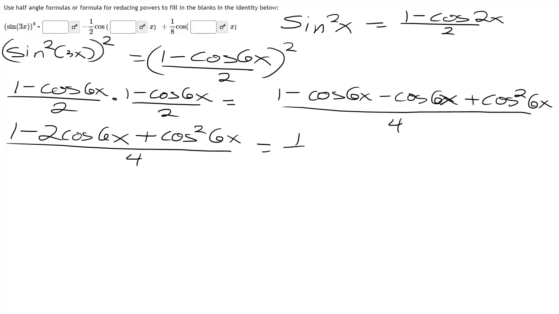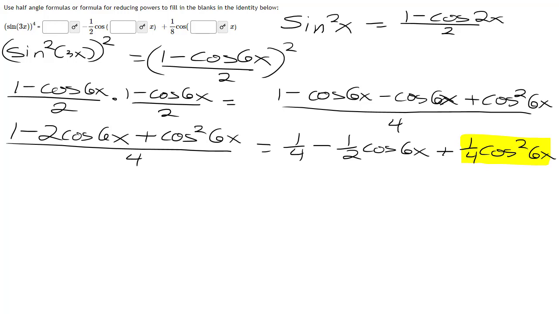We get 1/4 minus, well, 2/4 is just 1/2, cosine 6x. And then our last piece is plus 1/4 cosine squared of 6x. That's the piece we need to further reduce because we still have a power on it.